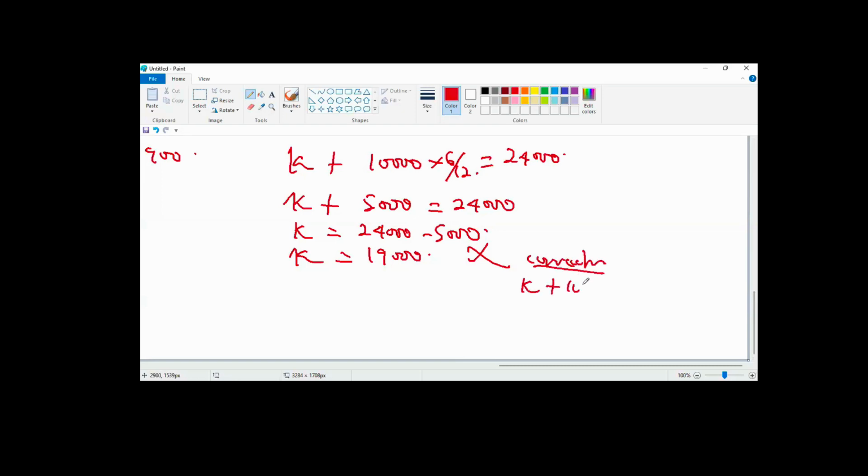K plus 10,000 times 0.6 equals 24. K plus 6,000 equals 24. K equals 24,000 minus 6,000. K equals 18,000. This is the correct one.